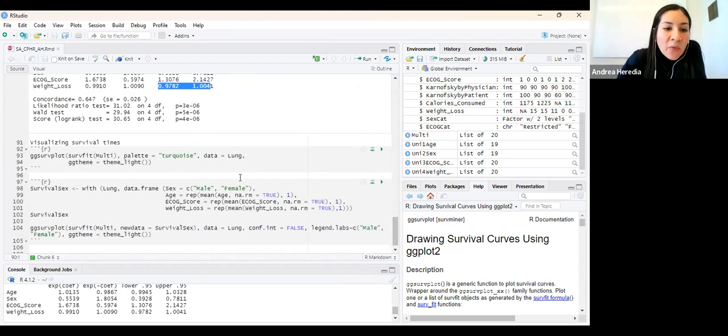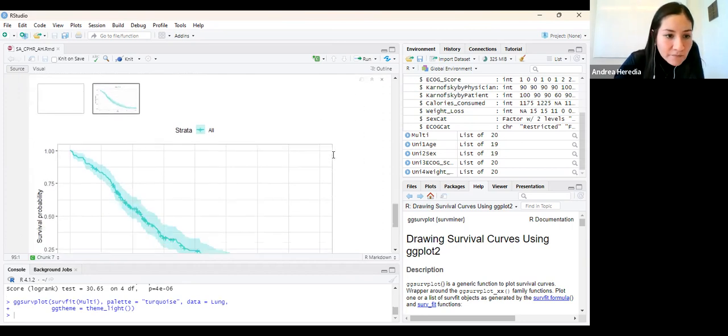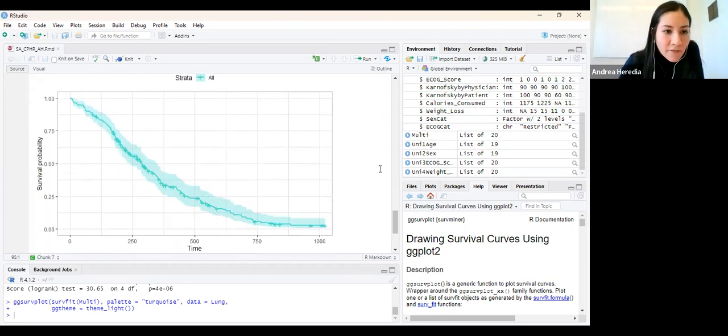Okay, now we're going to go ahead and visualize the models. For this one, we're only going to be visualizing our reference category, so basically males. The horizontal axis represents the time in days, and the vertical axis shows the probability of surviving, or the proportion of people surviving.